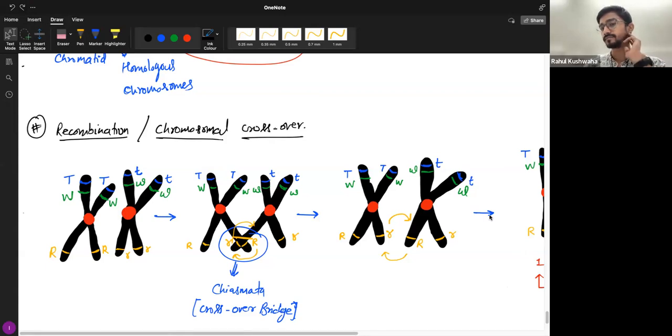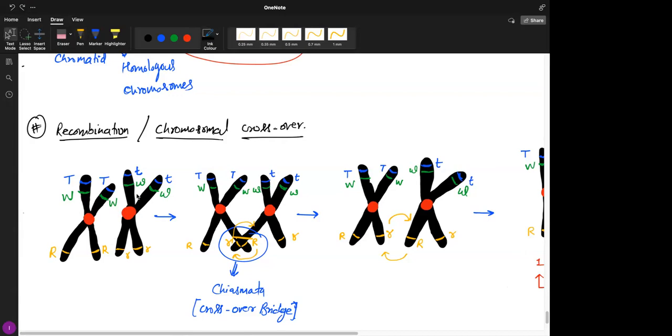Do you agree with what Iram is saying, that T and W will show less recombination because they are more linked? Do you agree that what she is saying is correct? Yes.